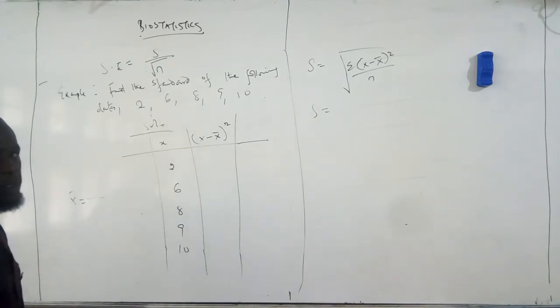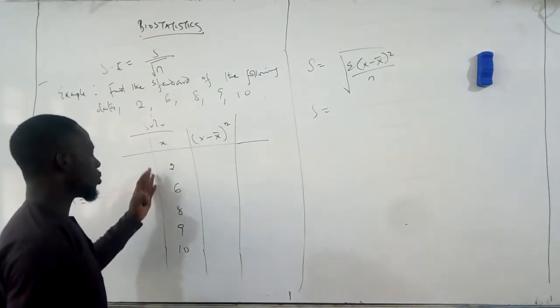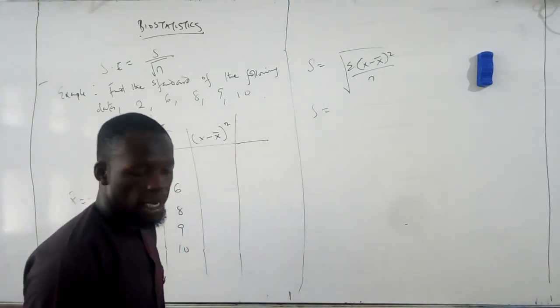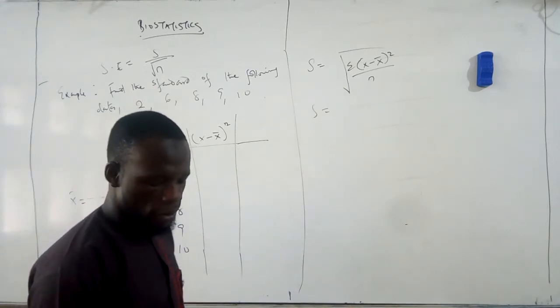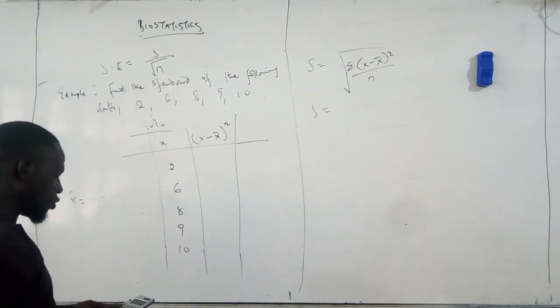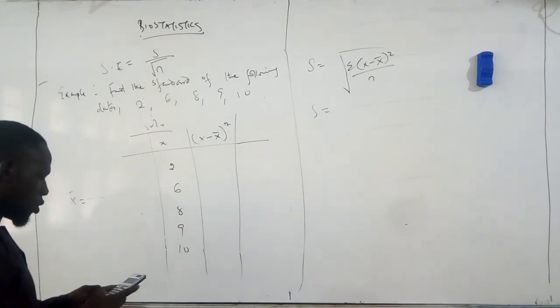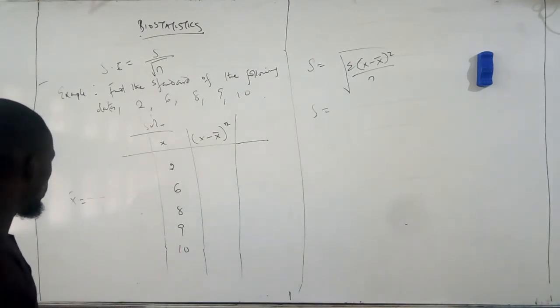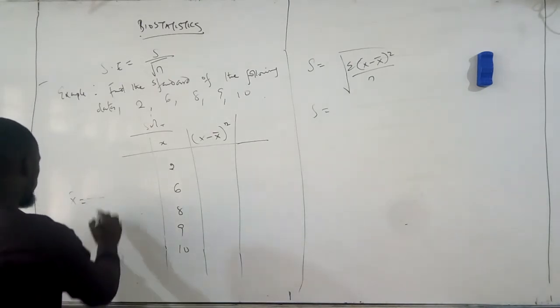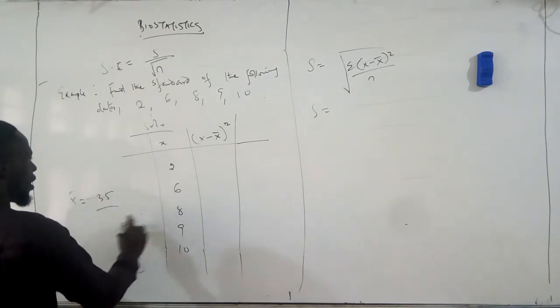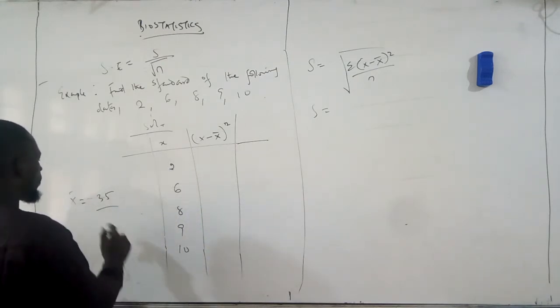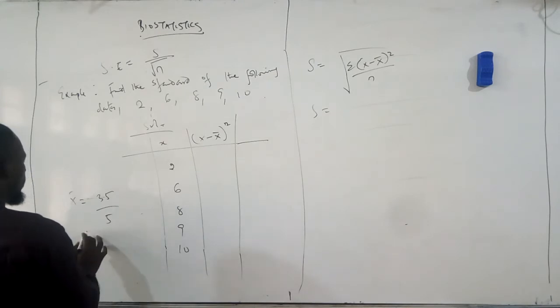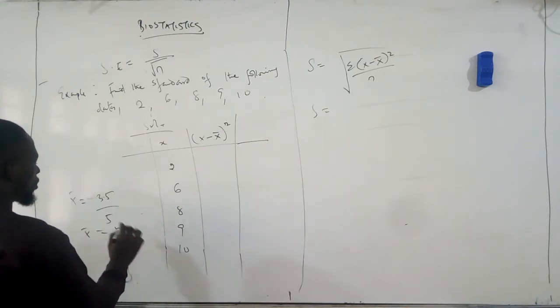How do we calculate our mean? As usual, we add everything together and divide by the number of observations. So we have 2 plus 6 plus 8 plus 9 plus 10, which gives 35, divided by 5. So the mean is equal to 7.